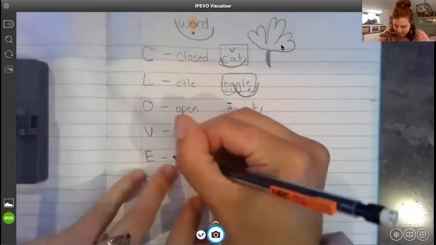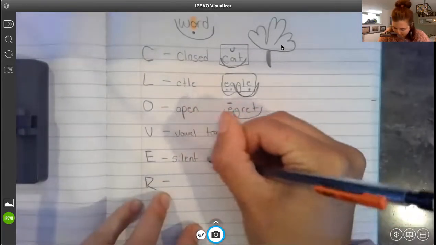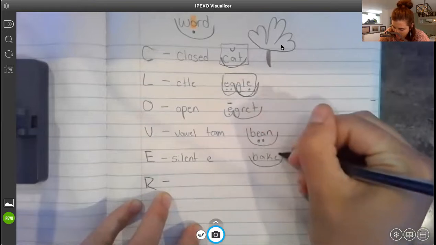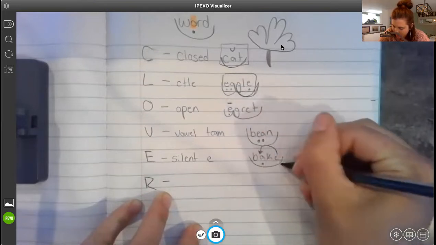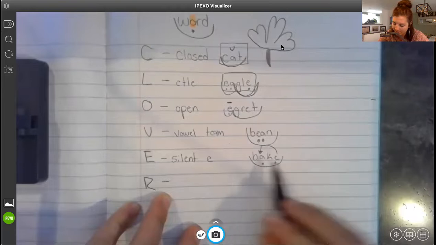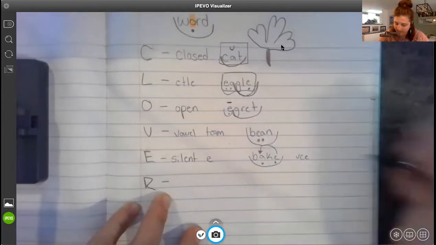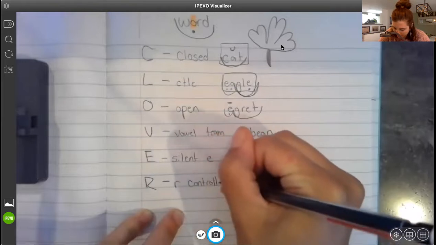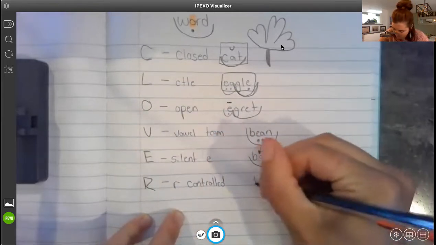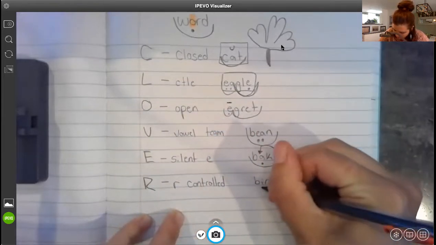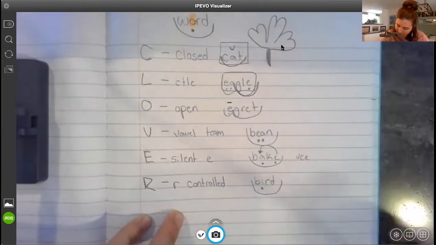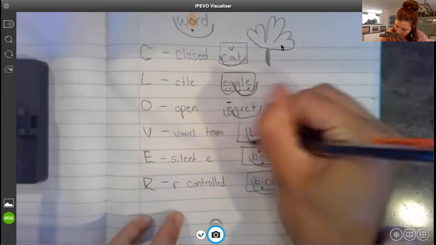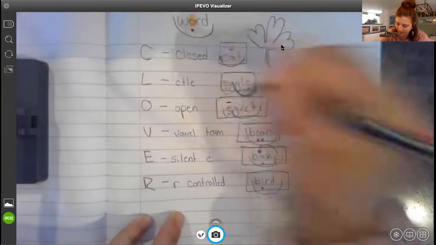E is silent E. Let's think of bake. There are two vowels, but that E at the end is VCE, vowel consonant E, and R is R controlled. So we can think of the word bird. These are all of our examples. Boxing our examples so that you don't get confused.